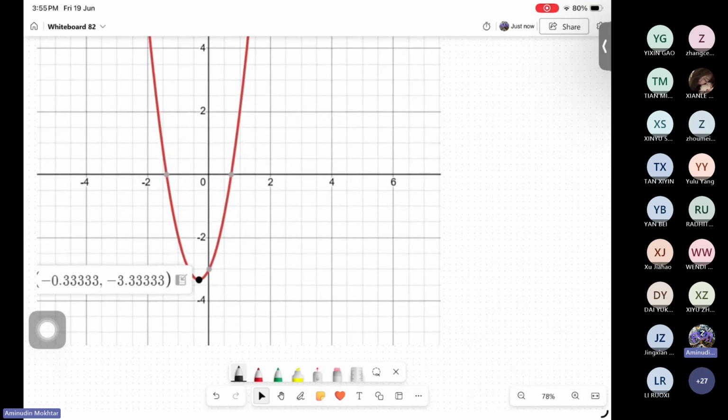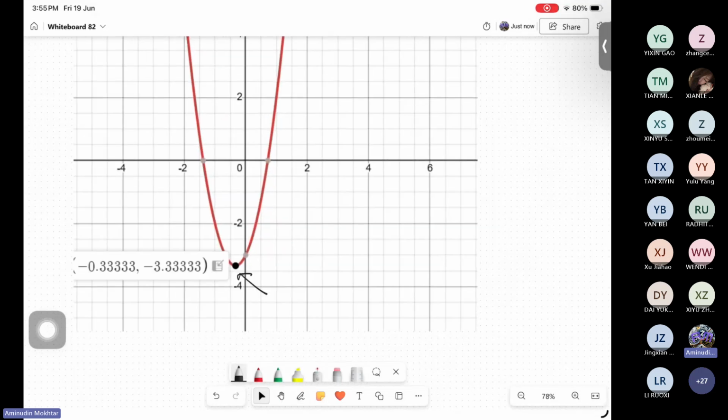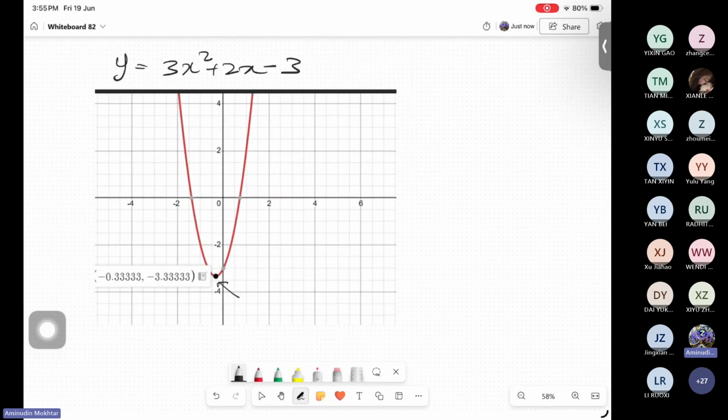We have this point here. In a quadratic we call it a vertex point. The point is -1/3 and then the second one is -10 divided by 3.